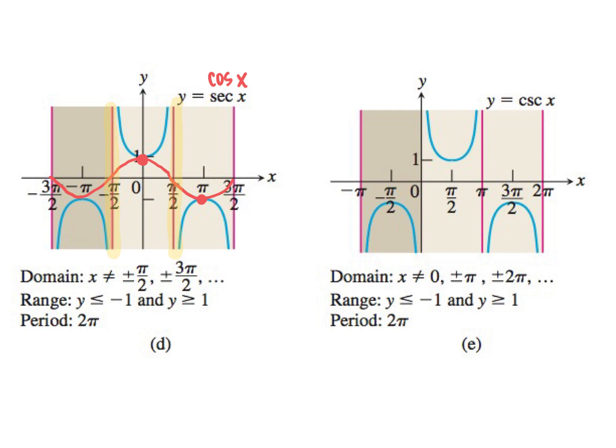No. The reciprocal of 0 is 1 over 0, which is dividing by a 0 value, which gives you an undefined number. That's why there's an asymptote there, because it's undefined. Every time cosine is 0, you're going to have an asymptote. The same thing would be true for sine. Every time sine is 0, that will make an asymptote there, or undefined.